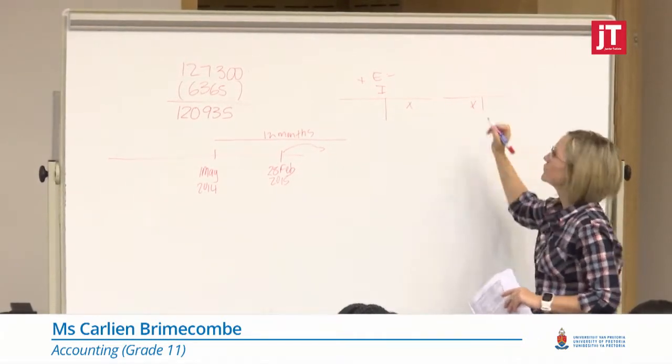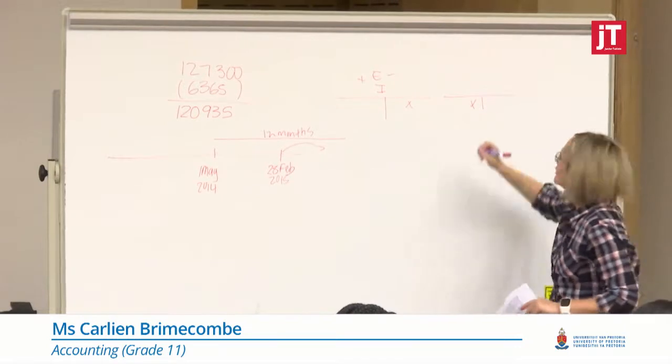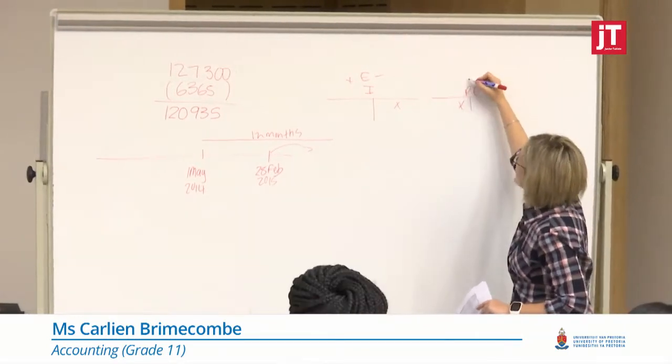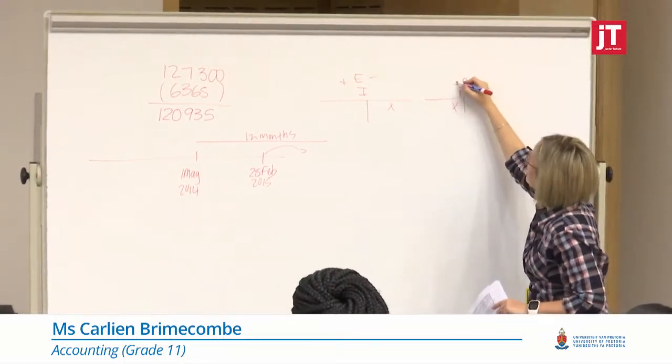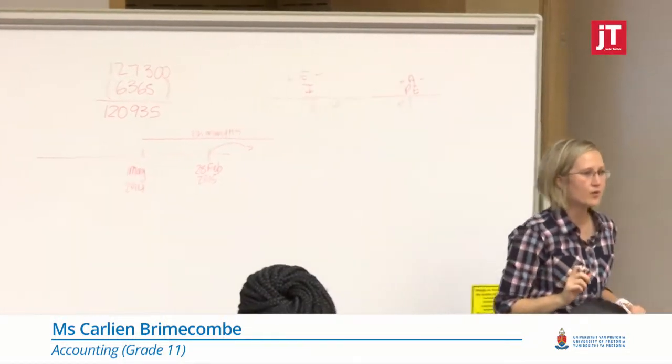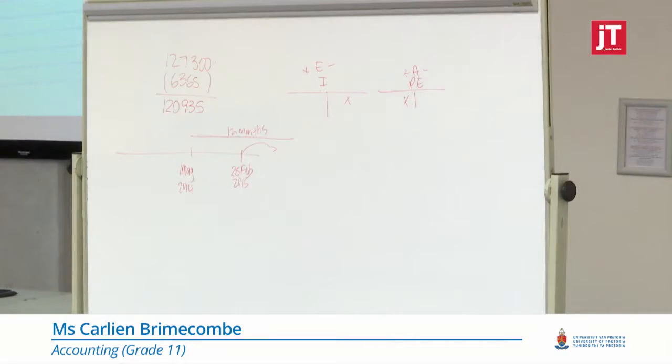Which account will be debited? Prepaid expense. And what is prepaid expense classified as? It's an asset. So which note does that form part of? Trade and other receivables. It's an asset. So how much needs to be taken out?